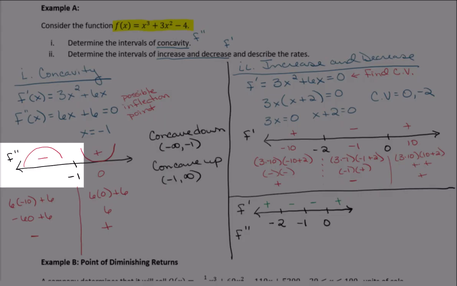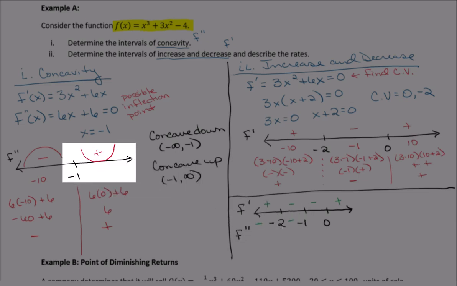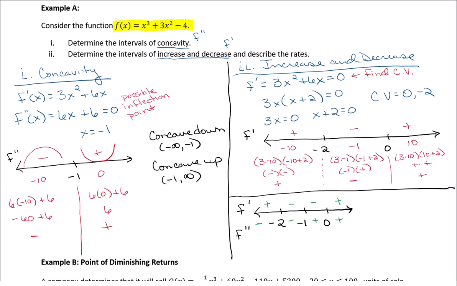Our second derivative is negative everywhere to the left of -1 and positive everywhere to the right of -1. Remember that the first derivative tells us if it's increasing or decreasing. The second derivative tells us if it's at a faster rate or a slower rate.